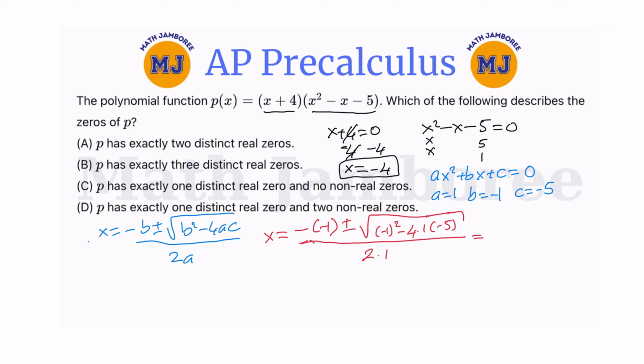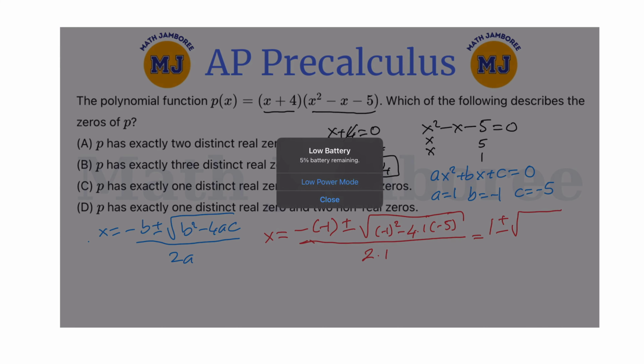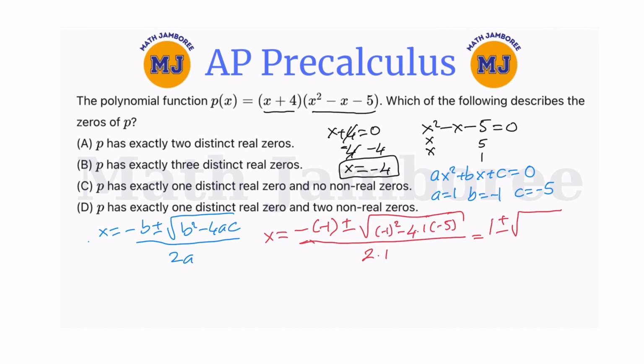If I simplify this, negative times negative is positive 1 plus or minus the square root of, in the square root, we have negative 1 squared, which is positive 1, and negative 4 times negative 5 makes positive 20, times 1 is positive 20, over 2.